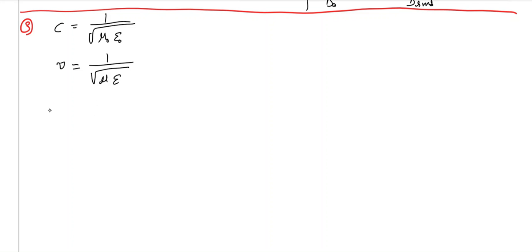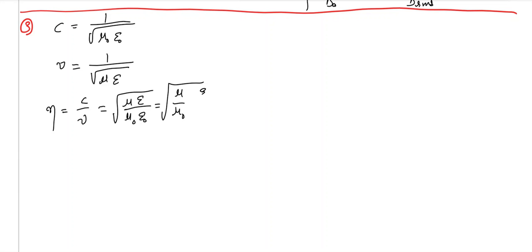If I take the refractive index of any medium, it is c by v. So take the ratio of these two. You will get under root of mu epsilon upon mu 0 epsilon 0. If you take mu by mu 0, it is the relative permeability, and if you take epsilon by epsilon 0, it is the relative permittivity.